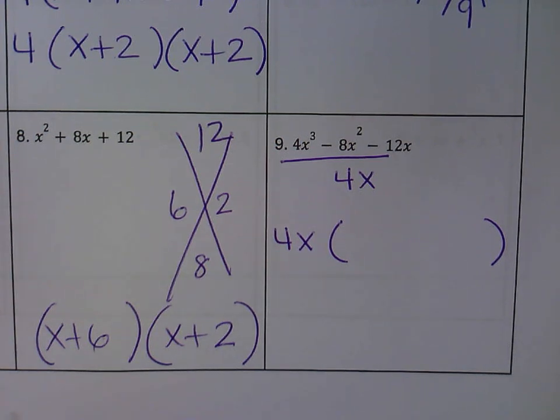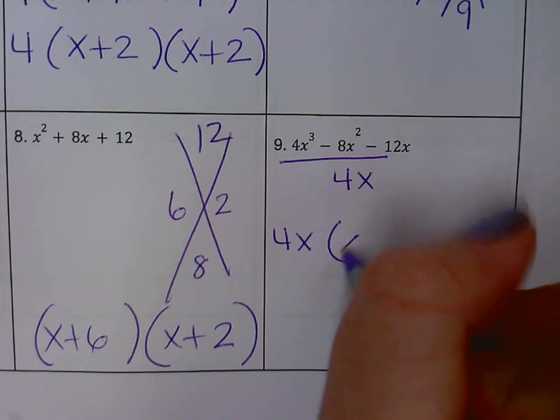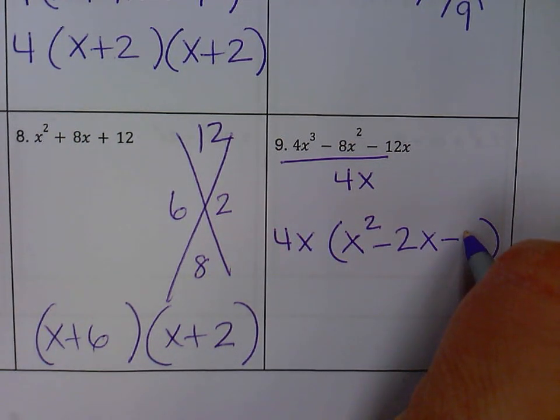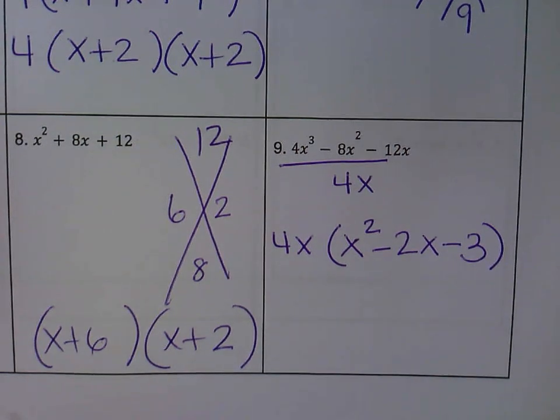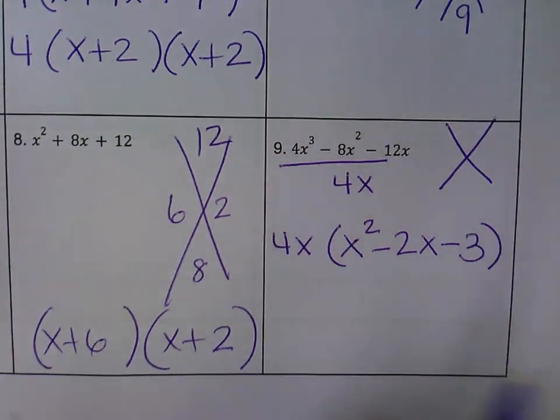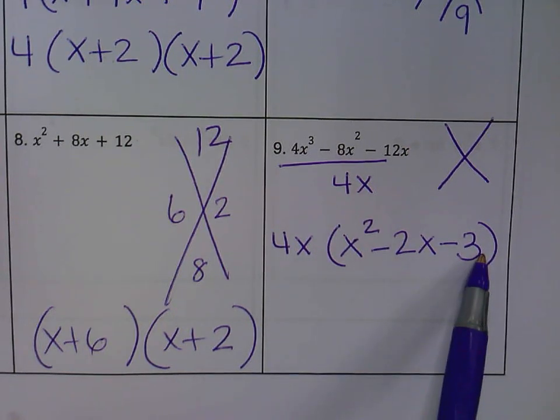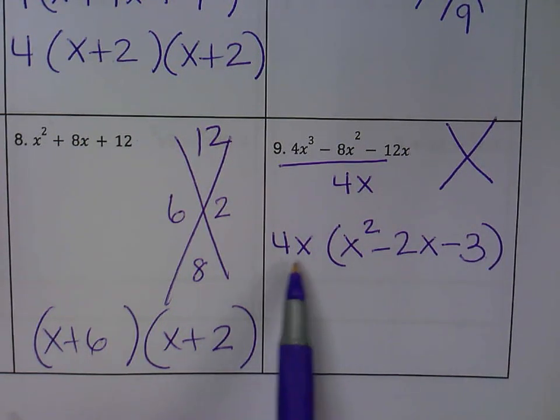All right, so let's see. I'm going to have x squared minus 2x minus 3. Is that what you're asking? See how I took 4x out?